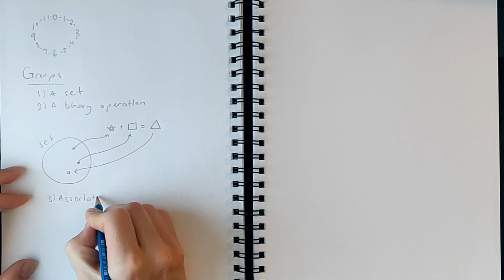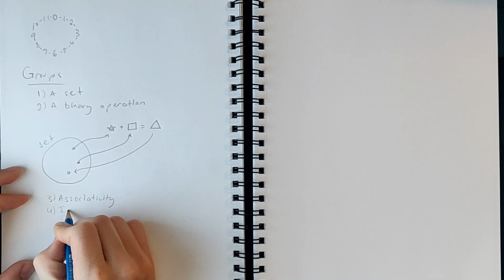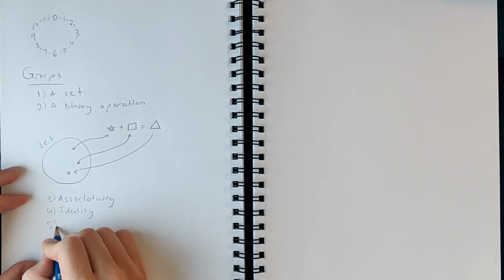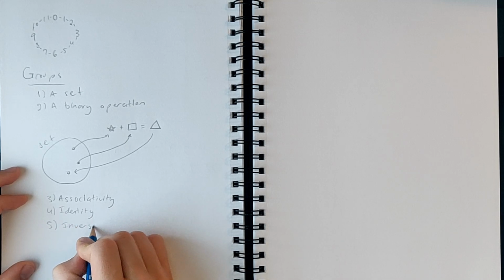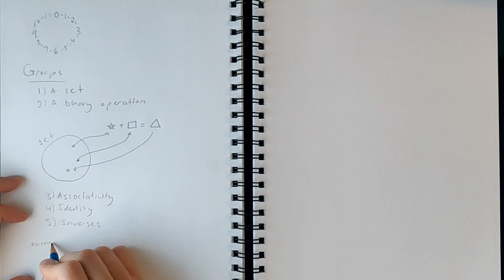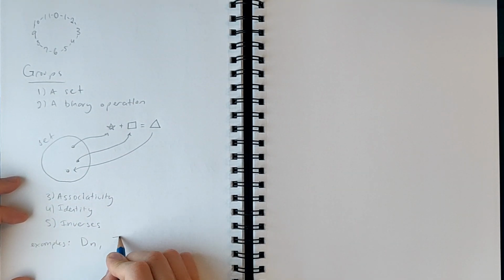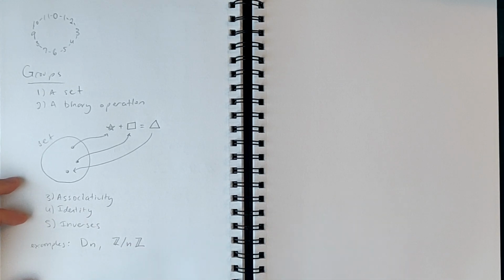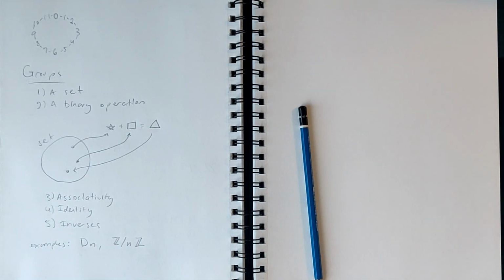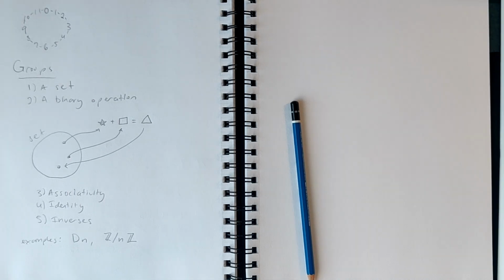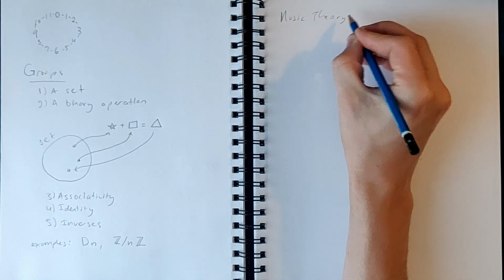The group operation is often called addition or multiplication, but it can be any operation that behaves correctly. For example, on D4, the operation is function composition. For more mathematical viewers, groups also have to have the following properties: associativity, an identity element, and an inverse element for each element.